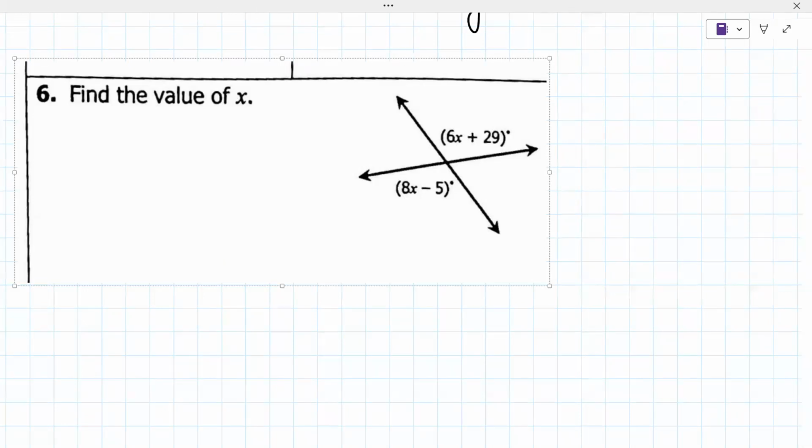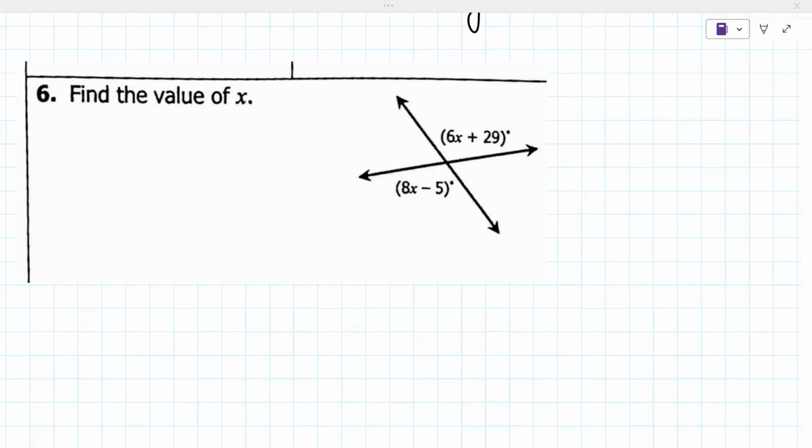Okay. 6x plus 29 equals 8x minus 5. Minus 6x, minus 6x. 29 equals 2x minus 5.